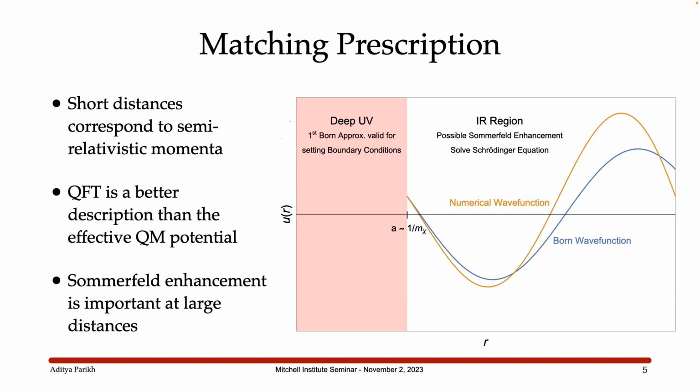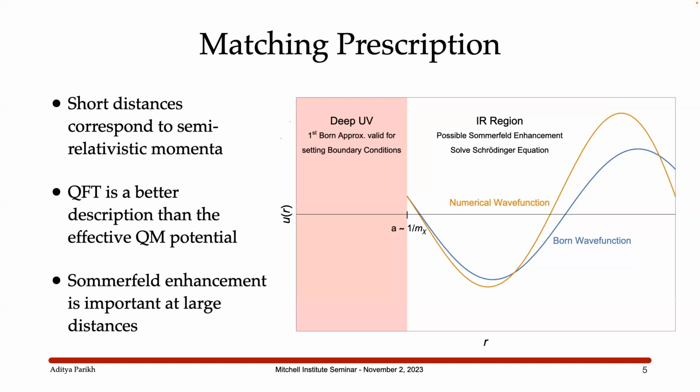Okay, but how much do you assume about the deep UV region? There is flexibility in there. Numerically, that was one of the things we checked, where we allowed R equals A to vary, so 1 over m chi to vary between like 0.1 to 10 over m chi. You end up finding that the results are fairly robust as long as you're not getting to 1 over m phi, which is the mediator mass.